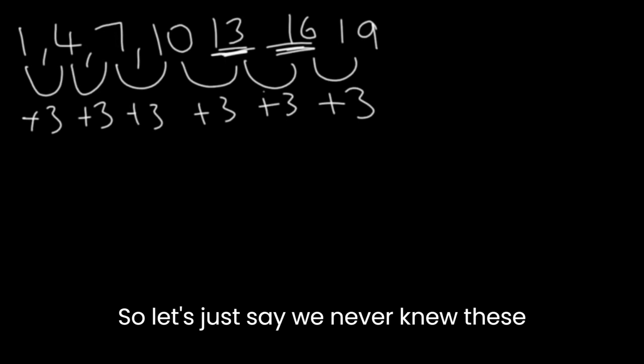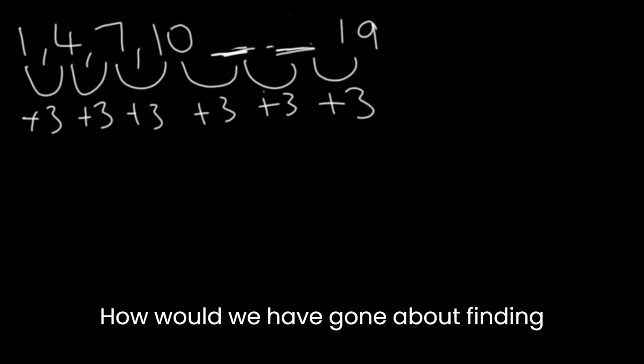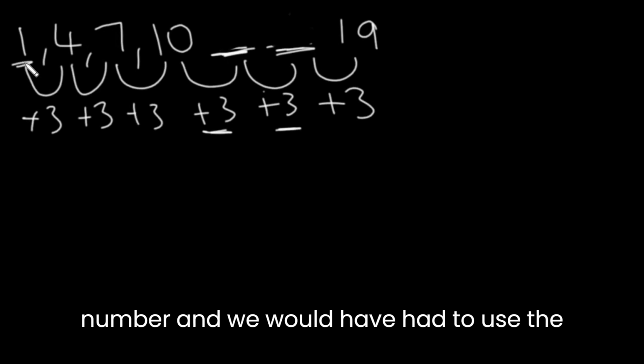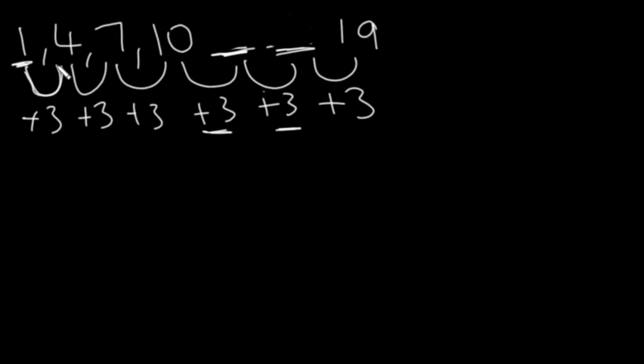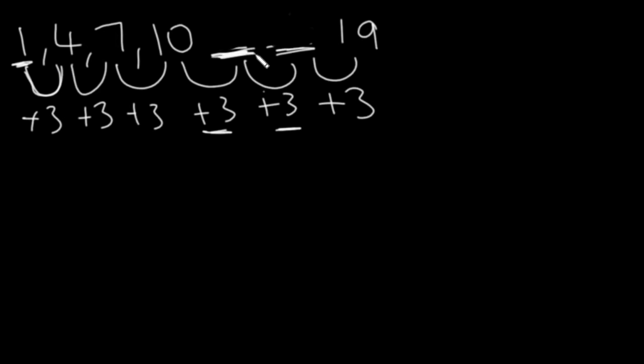So, let's just say we never knew these two numbers. How would we have gone about finding them? Without using these 3's, we would have had to use the first number and the difference, which is 3. So, the number we want to find is the fifth number.